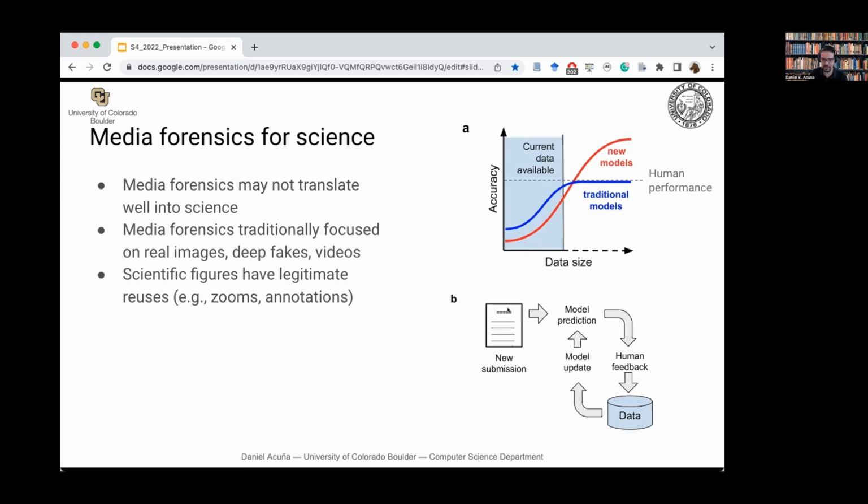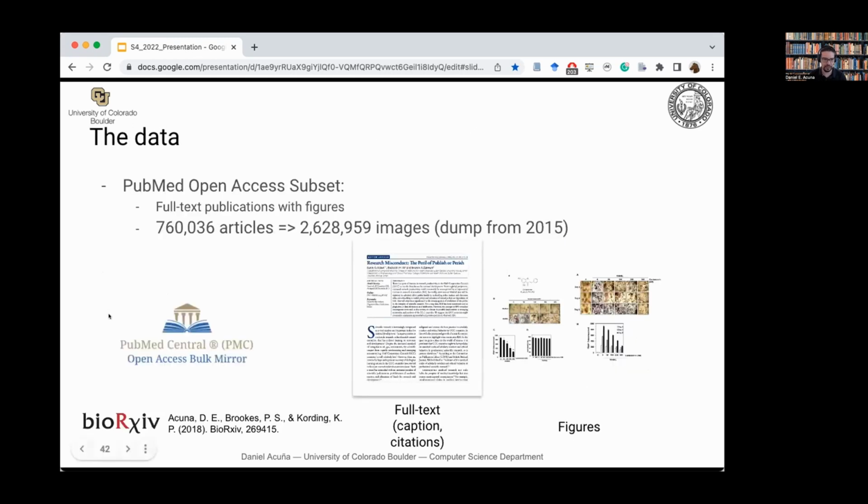The data sets have been really small. So we've been working in my lab to produce bigger data sets to improve how much we can use AI, so that we can achieve performance that is much better than anything we've tried before. I will show a little bit of this research on detecting manipulation.